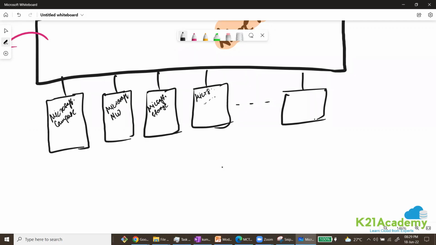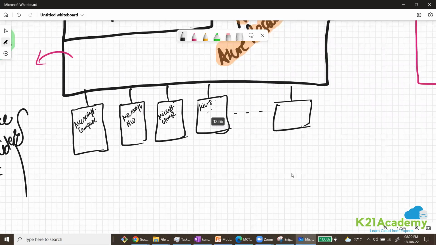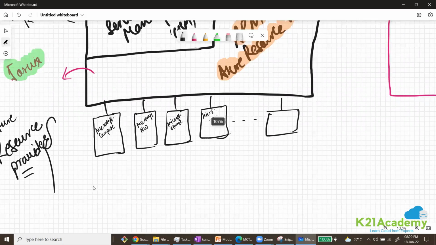Like this, there are multiple resource providers that will provide the resources. We'll understand more about them.